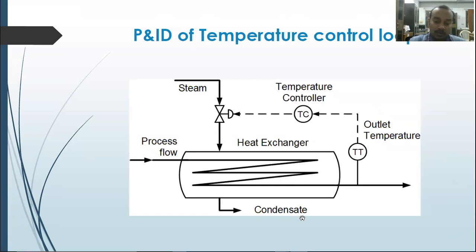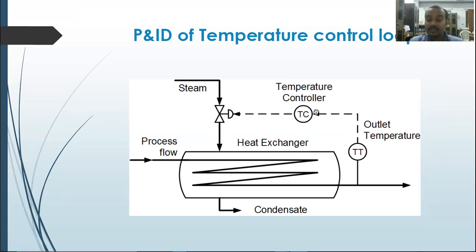Here, without any confusion, we can say we are measuring temperature, and from the table, TT means temperature transmitter. The temperature transmitter gets the information about how much temperature is there, and this signal is an electrical signal. The transmitter output is given as an electrical signal to TC.